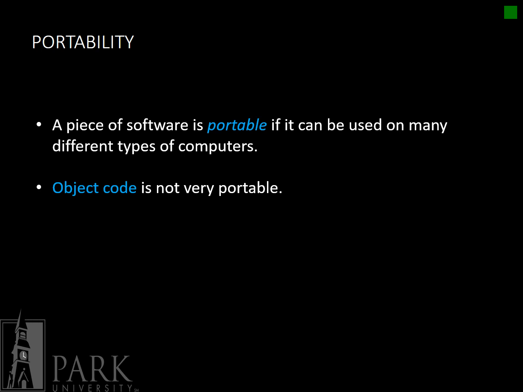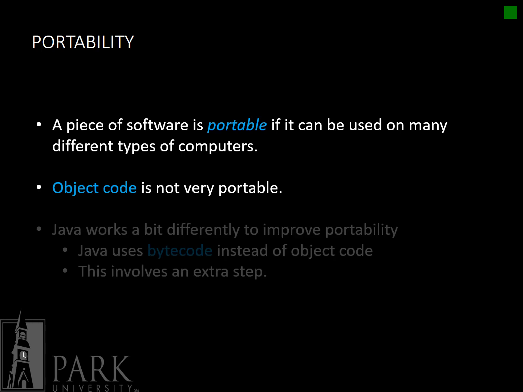So if we're writing a C++ program, we have to compile it for, say, 32-bit Windows, right? Or 64-bit Windows or something else. So object code isn't very portable, right? You can't just take one computer's object code and go run it on a different operating system's computer.